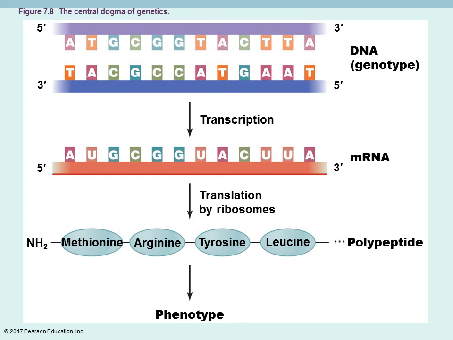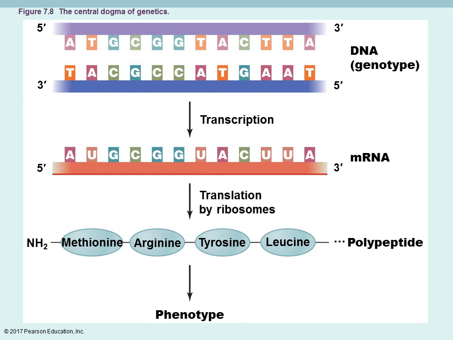Through the process of transcription, you use DNA as a template to make RNA. And then through the process of translation, you use the mRNA as a template to make your proteins. And then it's the presence or absence of proteins that determines the phenotype, which you actually see.